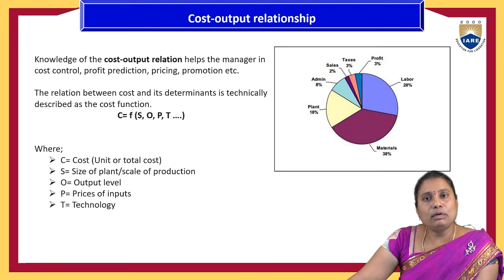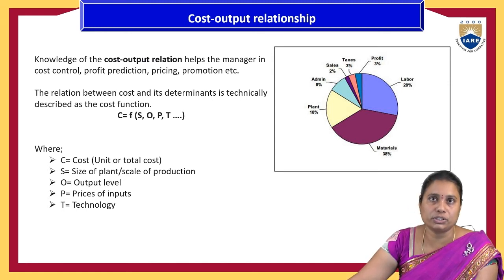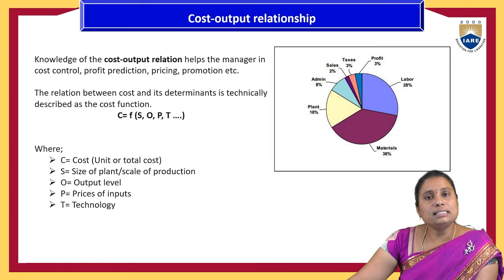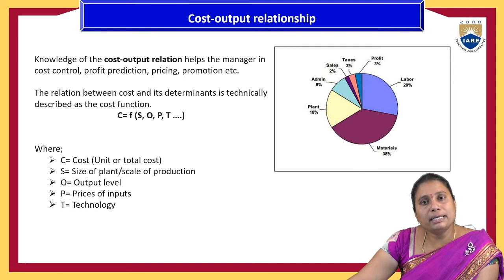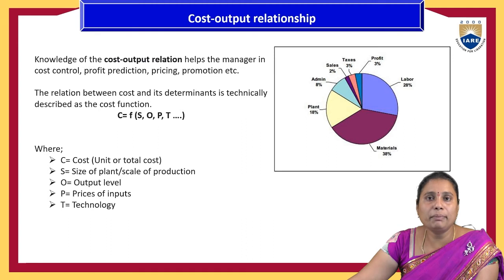The next level of understanding cost is the cost relationship with the output of production, because this knowledge gives control over the cost and helps to predetermine expenditure levels, as well as pricing and promotional activities, which can also be easily understood with the help of the knowledge of cost and output relationship.